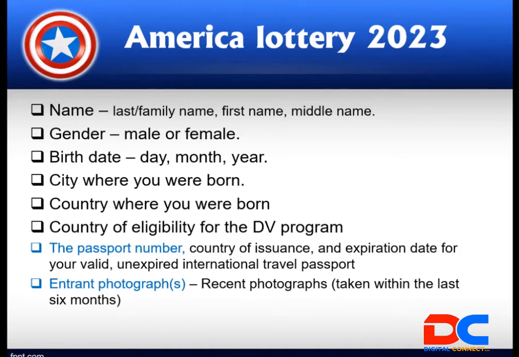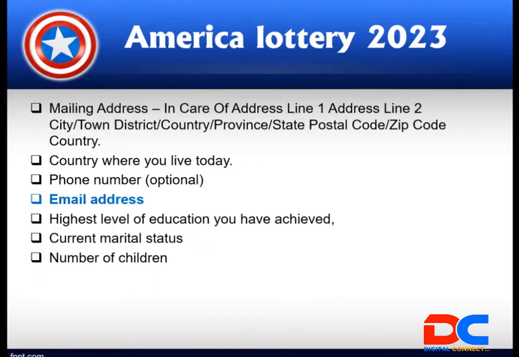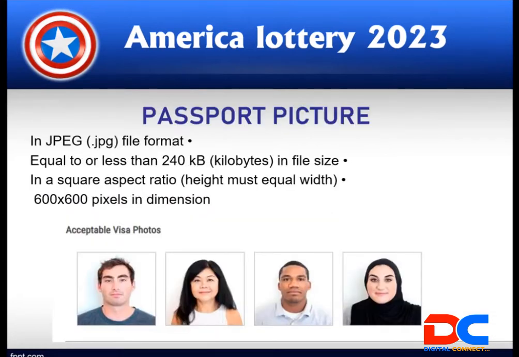So you have to have a passport number, and then you also have to have a photograph, a recent photograph taken within the last 6 months. And then mailing address. You have to provide your town, your country, zip code, and the rest. Countries where you live today, phone number, optional email address, level of education, and the rest of the information as you can see on the screen.